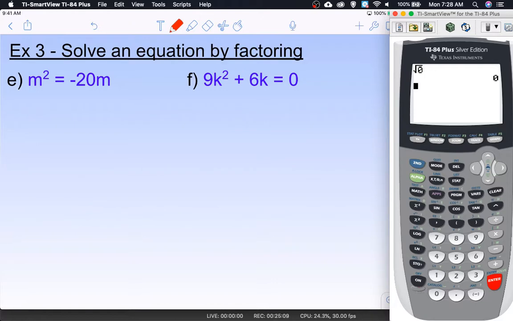First one, you should start by adding 20m to both sides, giving you m squared plus 20m equals 0. We're going to factor an m out of both pieces.